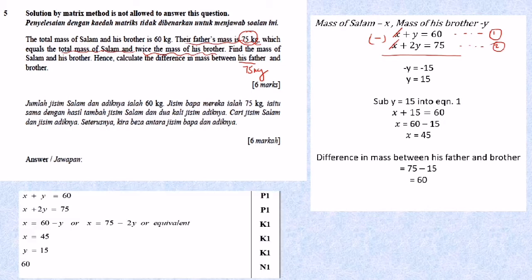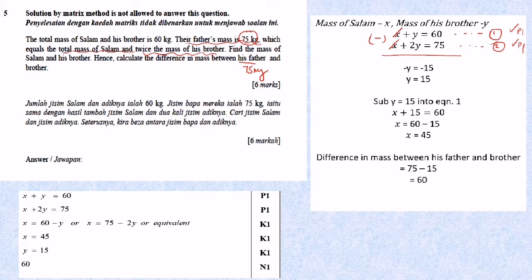How do you obtain the marks? First, you form the equation, you obtain 2 marks. S equals 60 minus Y, or if you have the equivalent, then you can obtain the marks.